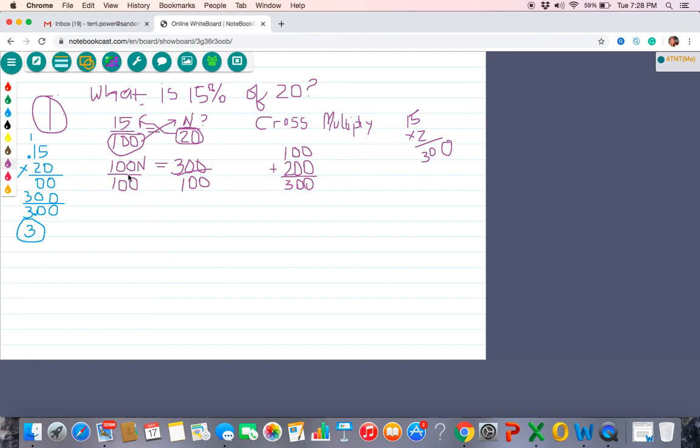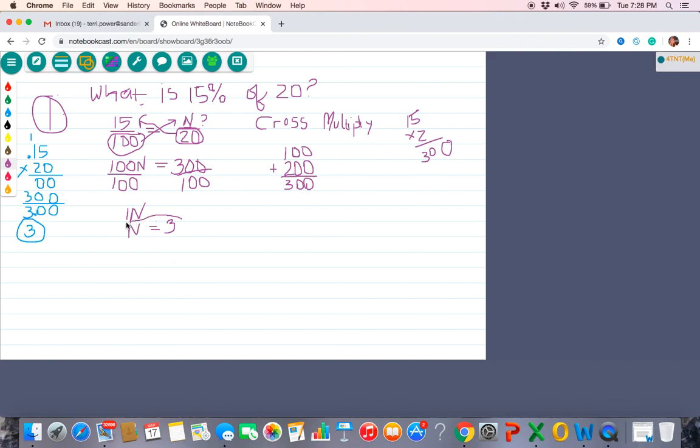So I'm going to divide that by 100. When I divide 100n by 100, I get 1 times this number, 1n. And 1 times any number is, of course, itself. So I'll just put n. And then I get 300 divided by 100, which is 3.